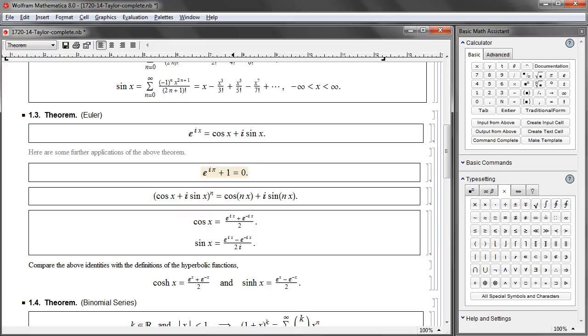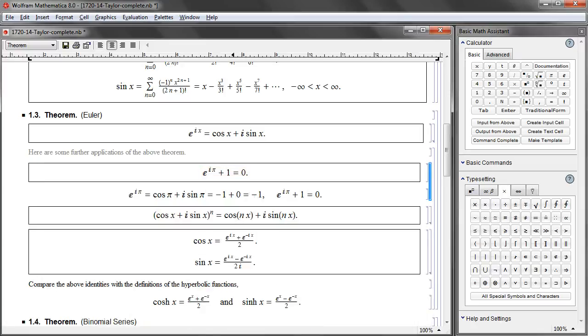Here's the proof, by the way. Plug in x equals pi to that Euler's theorem, and sine of pi is 0, cosine of pi is -1. So after a little bit of algebraic manipulation, we have this: e to the i pi power plus 1 is equal to 0. And this one was recently voted as, I think, the most beautiful theorem in mathematics.